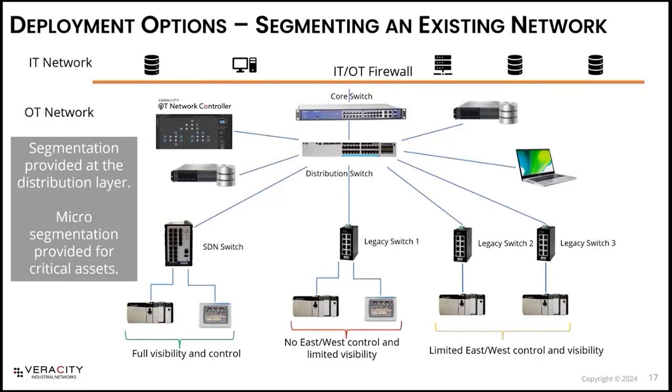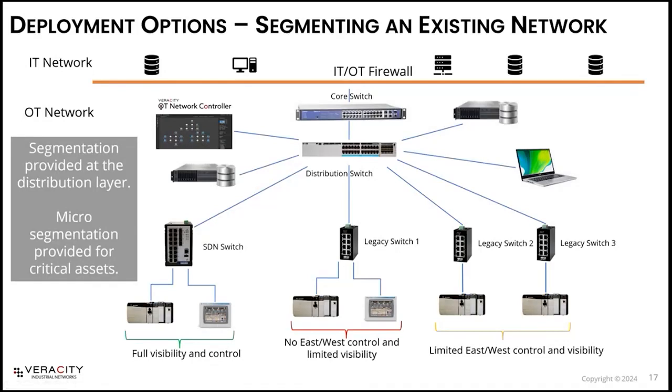Now, if your switches aren't all SDN capable, because not every single one is going to be, if you have a part of the network that is critical or a part that's problematic, you can put an SDN switch on there, activate it, and everything that's talking through that switch, you've got full visibility and control.